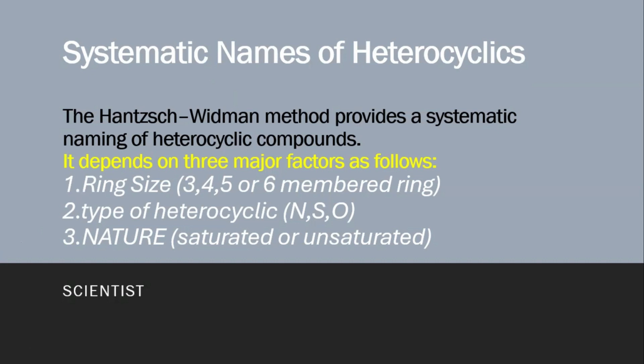Another one depends on the type of heterocyclic atom, meaning it may be nitrogen, sulfur, oxygen, or another heteroatom. The third one depends on the nature of the heterocyclic, meaning whether it is saturated or unsaturated.